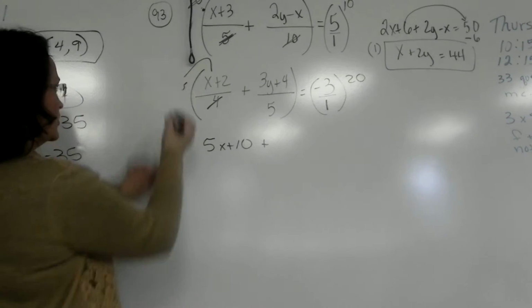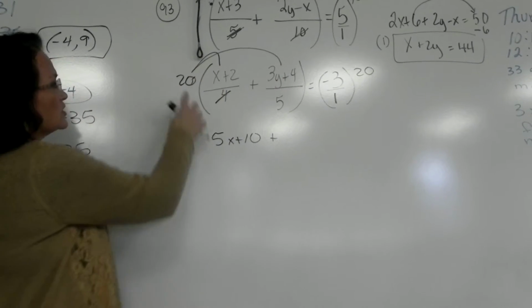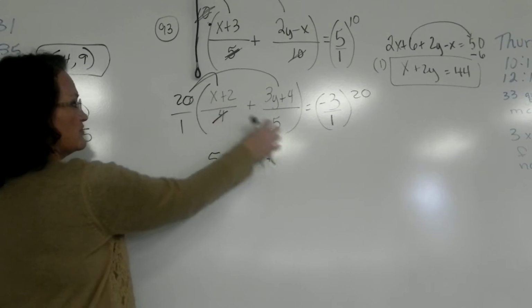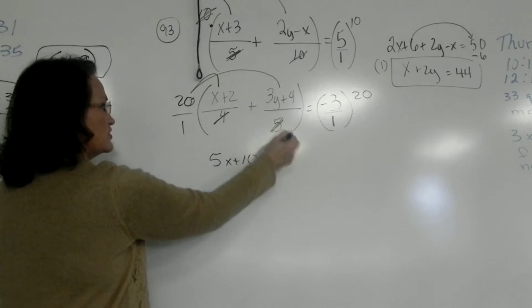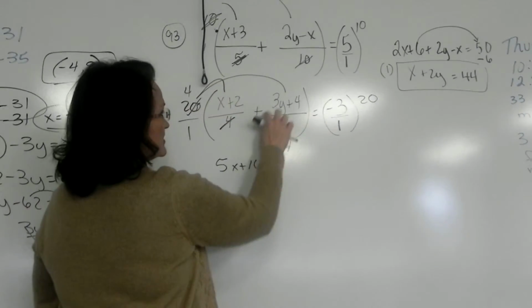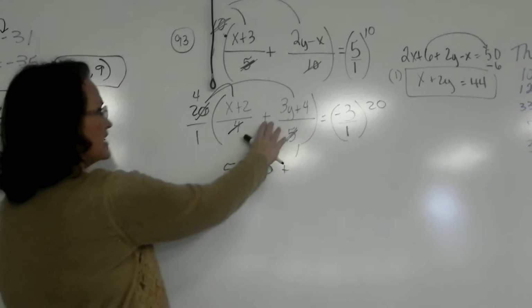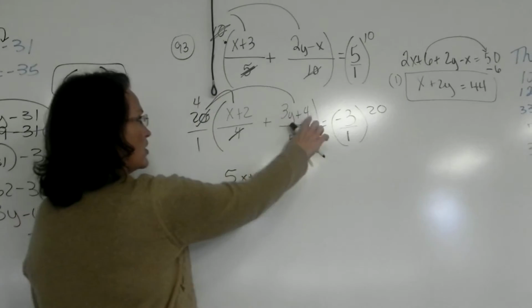Then I'm going to use 20 again. 20 distributes onto the next term. It's 20 over 1, so the 5 and 20 are diagonal, so it reduces again, that time to a 4. Then the 4 distributes. This is a plus, so I won't have to worry about distributing a negative sign. Just distribute positive 4 onto those terms.